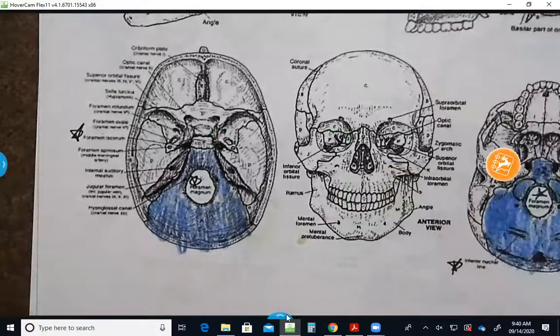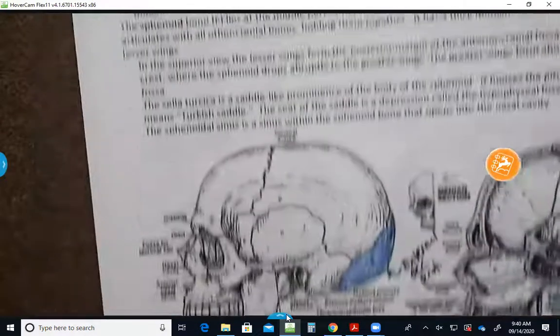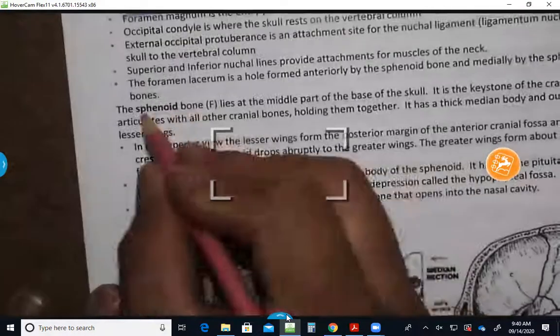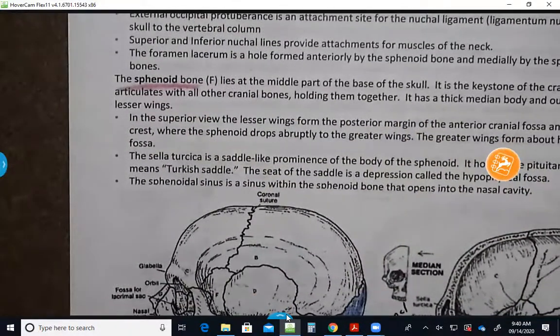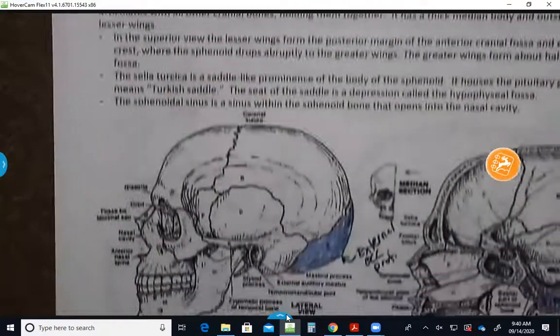All right, our next bone, I always like to describe this as our butterfly bone. You'll see why here in a second, is your sphenoid. This is one of the trickier bones to identify because it's a more internal bone than anything.